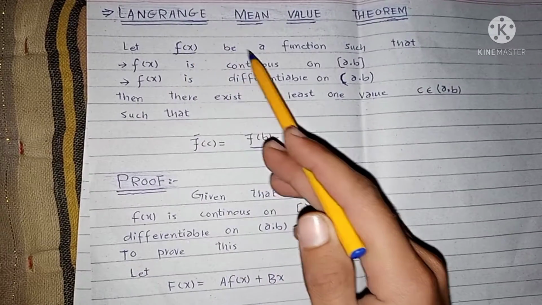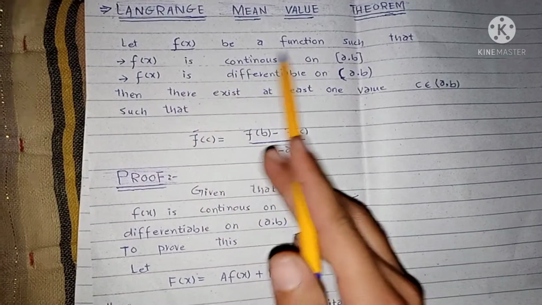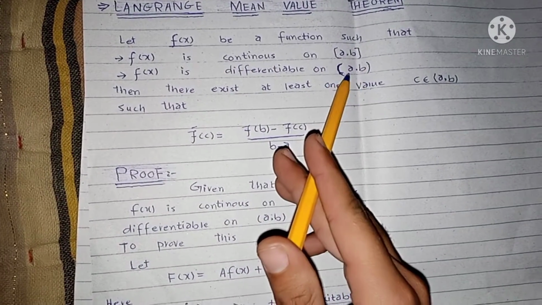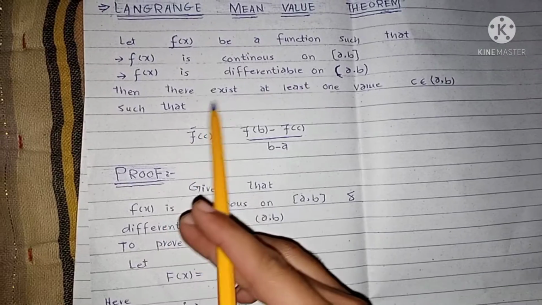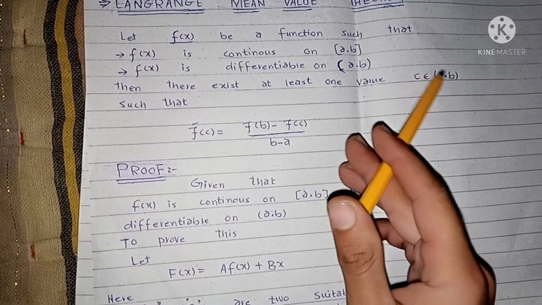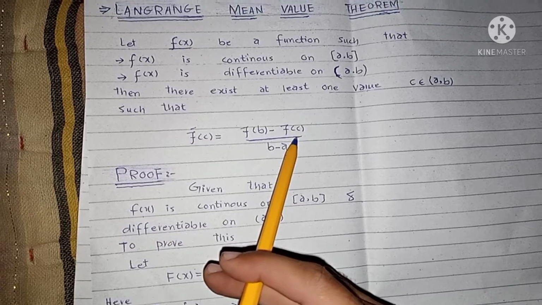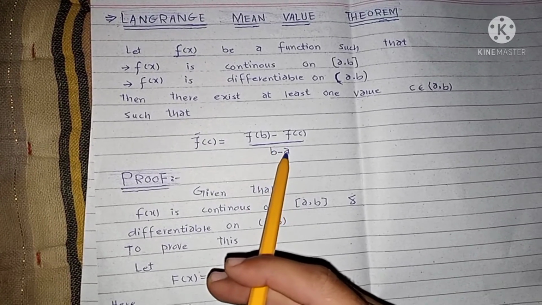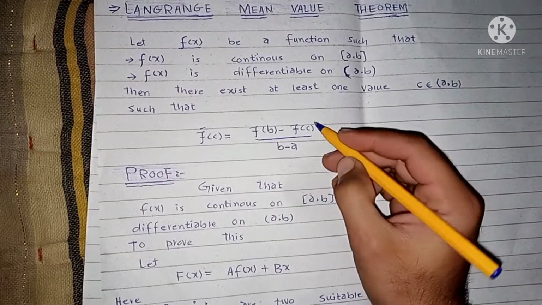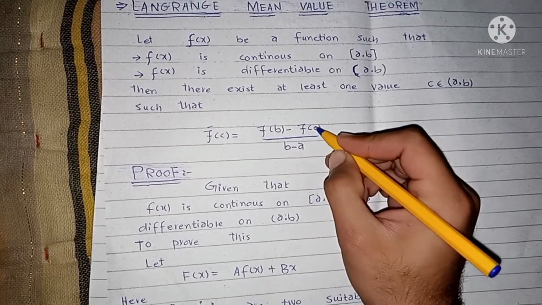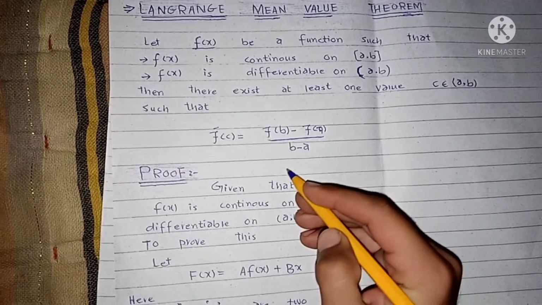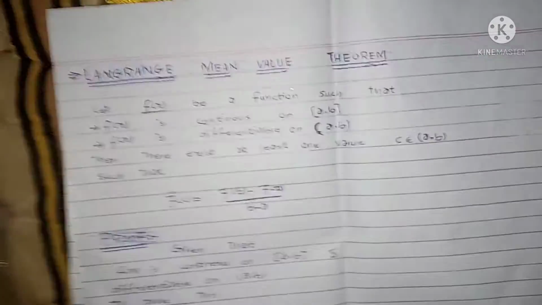So let f(x) be a function such that f(x) is continuous on [a, b] and differentiable on (a, b). Then there exists at least one value c belonging to (a, b) such that f'(c) equals f(b) minus f(a), divided by b minus a.